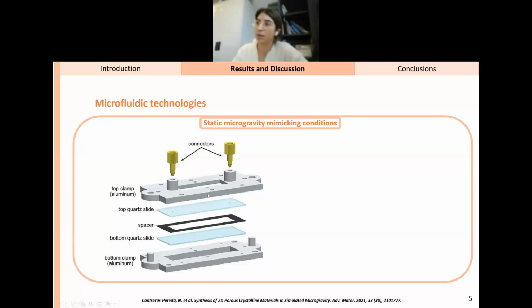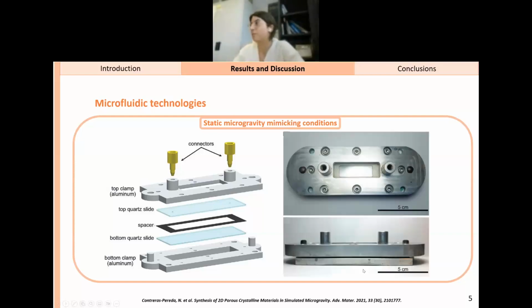Inside, there's a chamber where you can place your quartz slides, for example, your substrates, and these are separated by a spacer, a PDMS spacer.